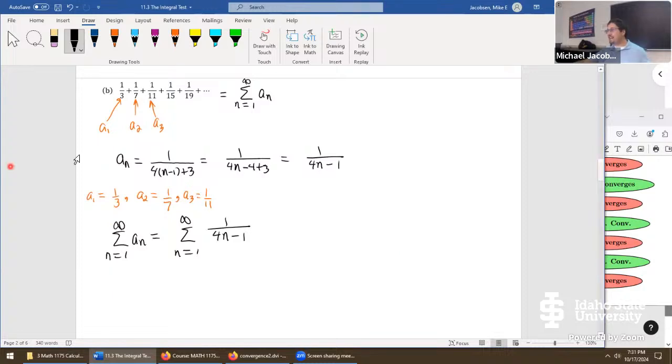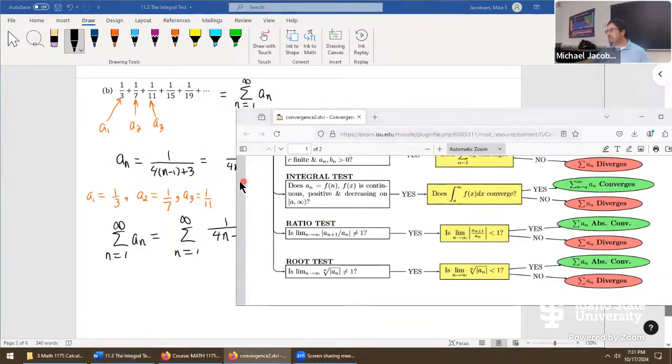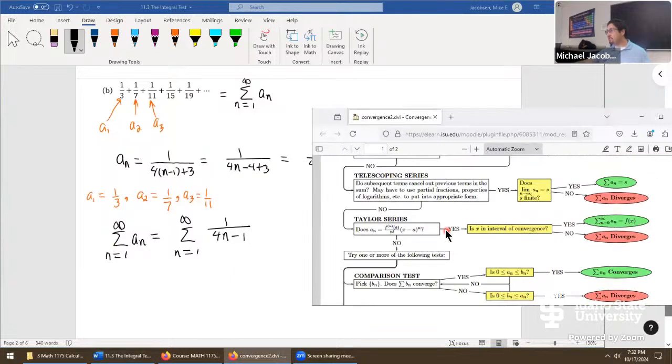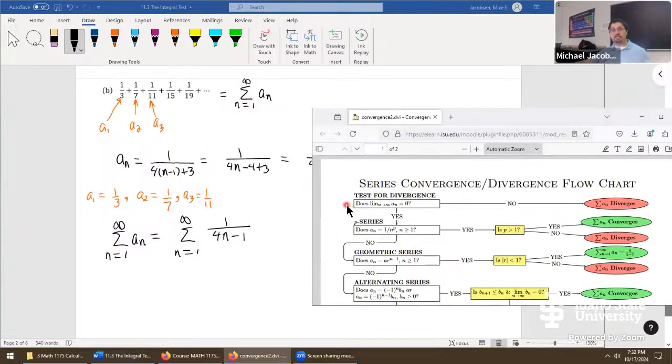Now, here's where we make the extra determination. Do we have something here that's going to help us out? The test for divergence doesn't work. The limit of that thing is 0 because it's constant in the numerator, growing larger and larger in the denominator. So we can't do anything right here. If that limit was not 0, then we would have said it diverges.